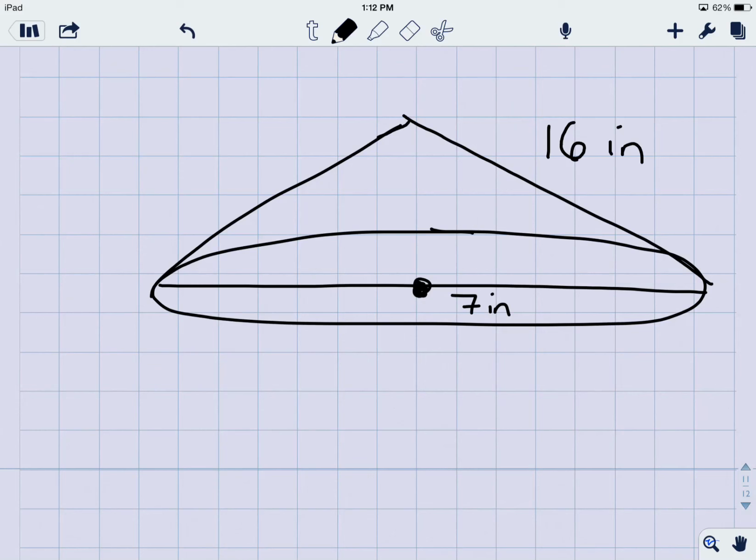Haley, does that mean the radius is 7, or do we need to cut it in half to make it the radius? Sorry, I'm trying to tell you that the diameter is 7 inches. Oh, okay. Which makes no sense based on the way that it's drawn, but we'll just pretend.